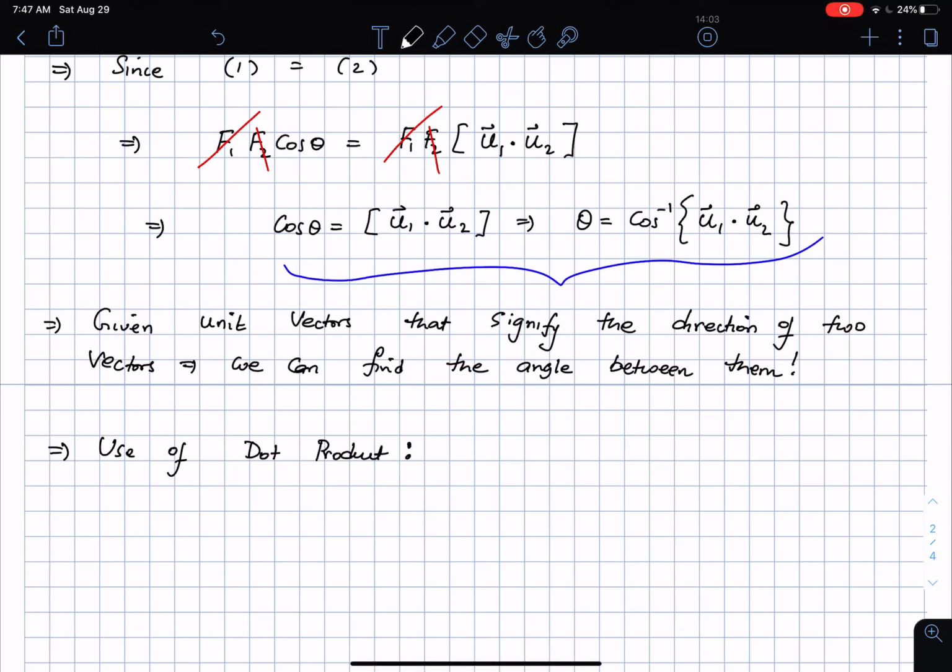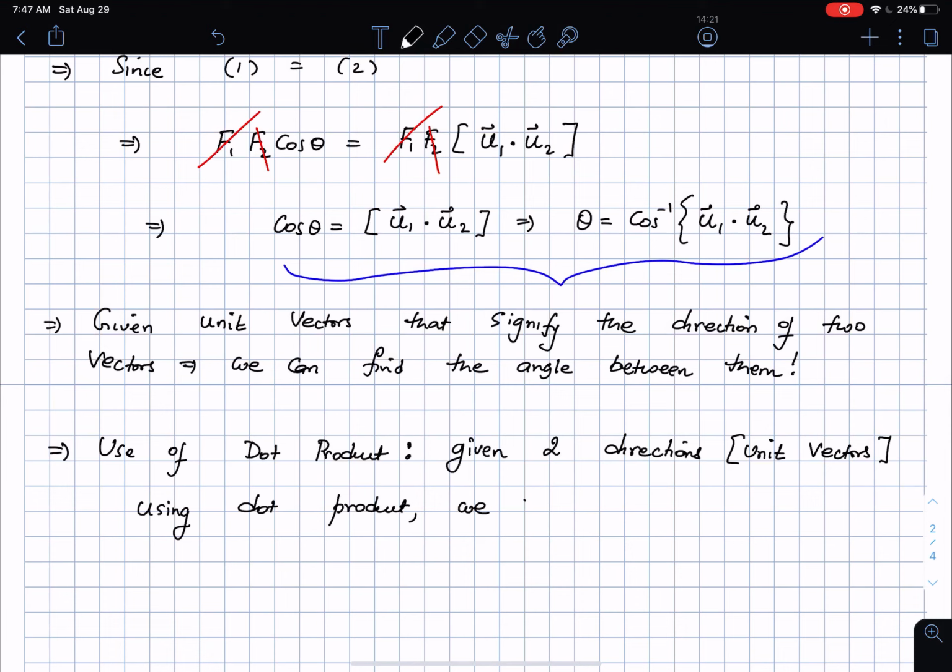is, given two directions or unit vectors, using the dot product we can find the angle between the vectors.